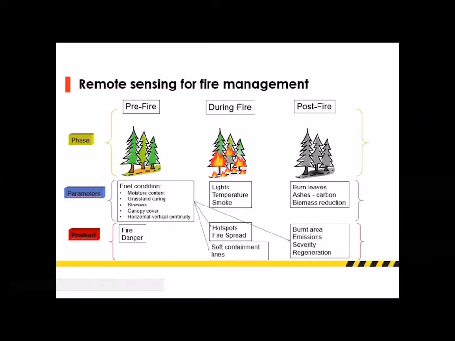The objective of my talk today is to share some examples on the remote sensing information used to support current and past bushfire management activities in Australia, rather than highlight the methodologies used to derive the different products. So it's not going to be a very technical talk. This is the next slide.